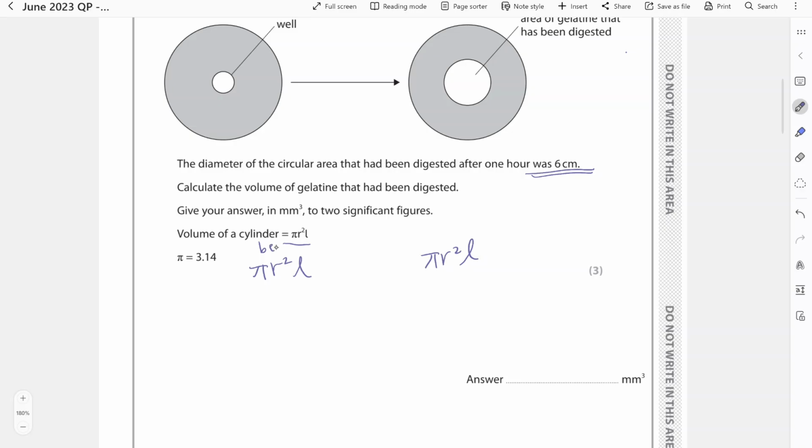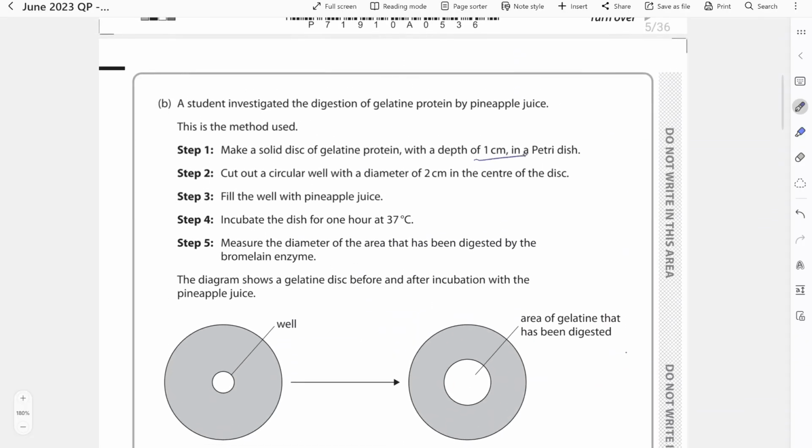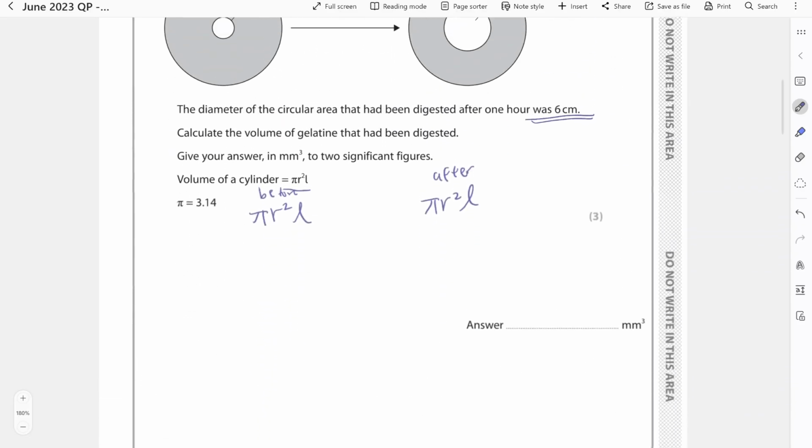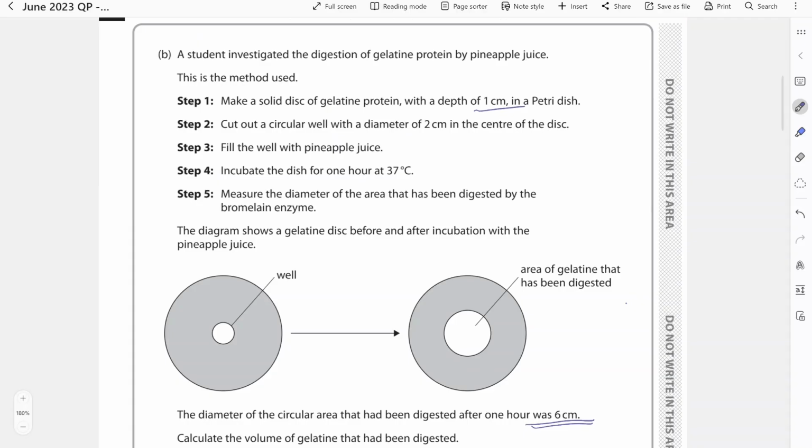So I'm just going to write before, after. Now the depth is going to be the same. It is both 1 centimeter. Whereas the radius before, the diameter was 2 centimeters, which means the radius was 1 centimeter originally.